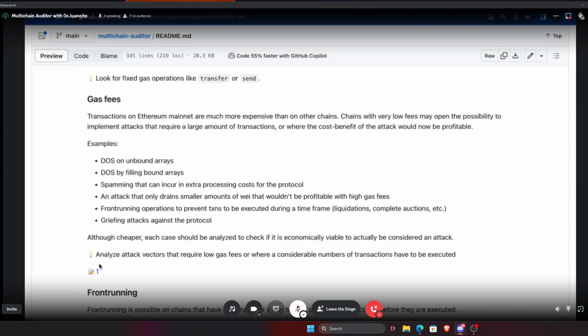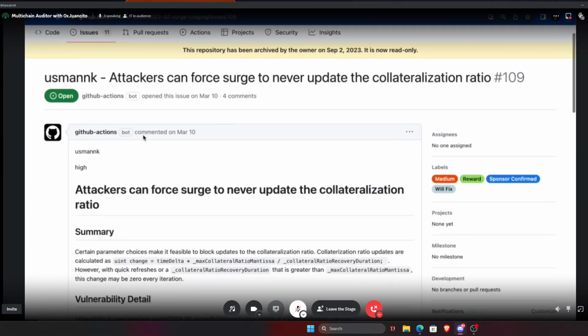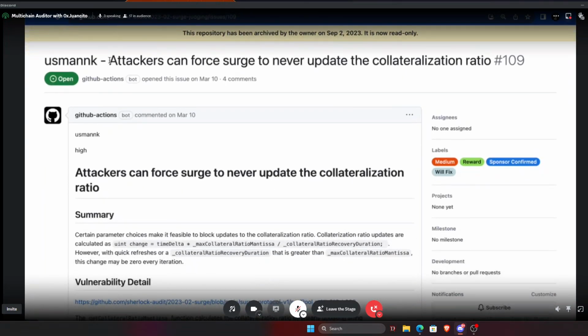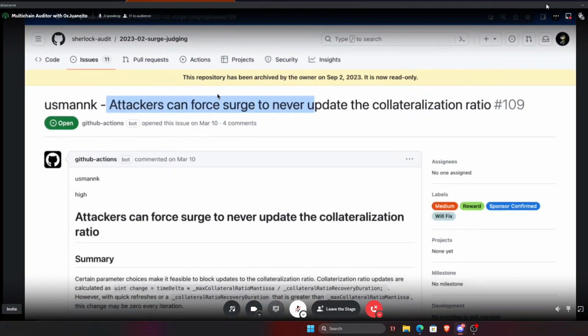So there's a specific example also of a griefing attack that I can show you. The issue here is that an attacker can force Surge to never, so Surge is the name of the project, an attacker can force Surge to never update the collateralization ratio.